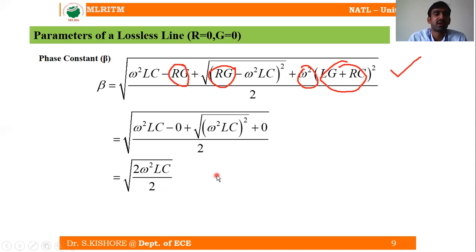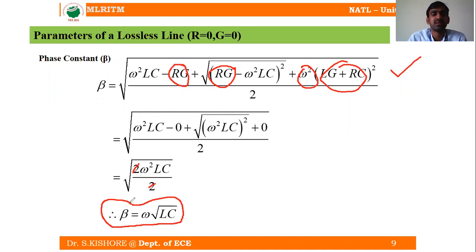Bringing the omega square outside, the 2 and 2 cancel, and the omega square becomes omega. So we can write the beta value as omega root over LC. This is the value of the phase constant for a lossless transmission line.